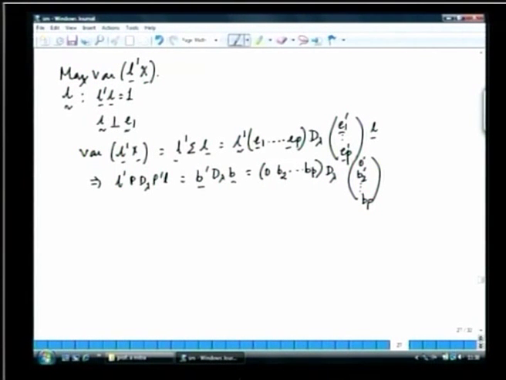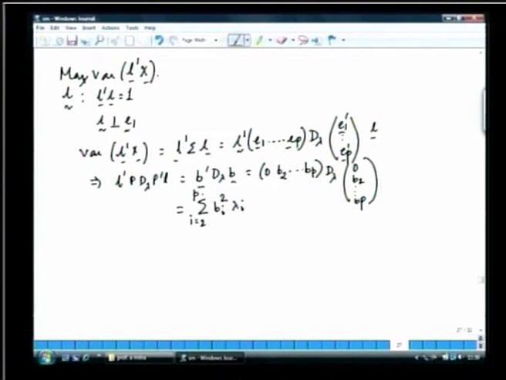So, we are talking about the elements of the B vector. This is fine, and these are the elements of the B matrix. So, I have 0, B2 to BP, right. So, this is like a summation b_i square lambda i from 2 to p, right.